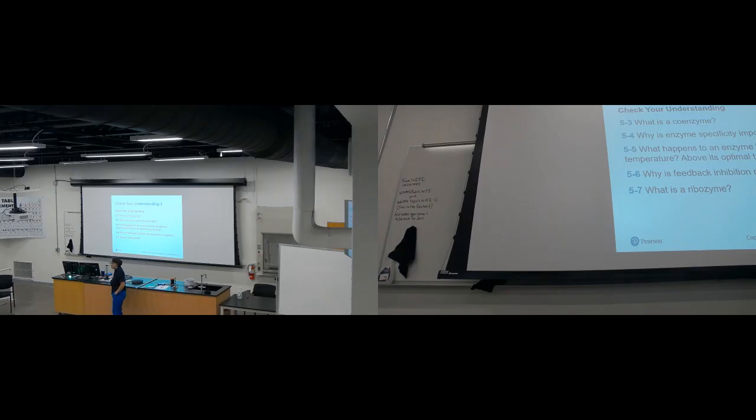Can that happen at all? No, not at all. So then, what is the difference between competitive and non-competitive inhibition? Competitive binds to the active site, whereas non-competitive has the allosteric site, which isn't the active site. Mm-hmm. And what is a ribosome?